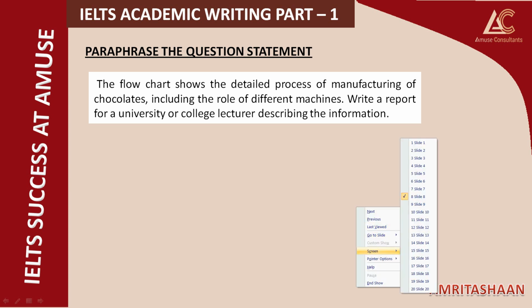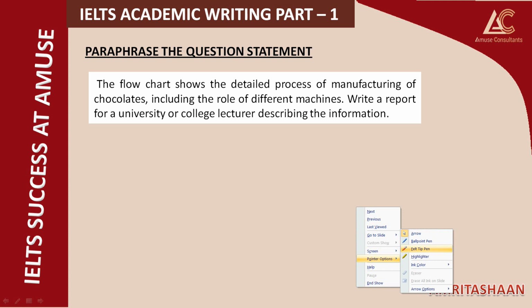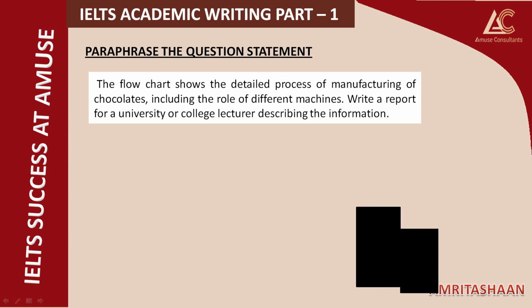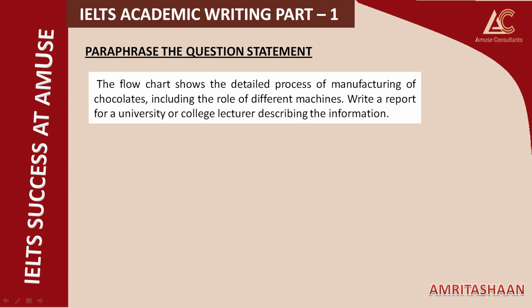So, dear learner, would you please tell me what the main things are that we can change here? The flow chart, I think this is the word we can go for the synonym. We can go for a synonym of shows. We can talk about the detailed process.